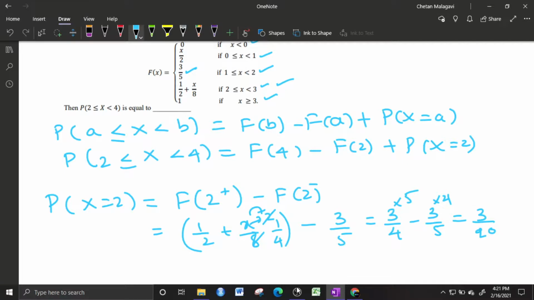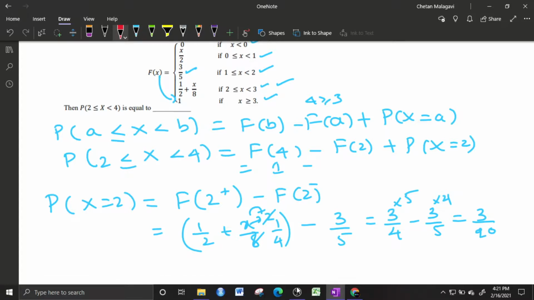Now let us calculate what is F of 4. You can observe that when x takes the value more than 3, the F of x value is 1. Here 4 is greater than or equal to 3, so the value of F of x is 1. So F of 4 takes the value 1 minus F of 2.